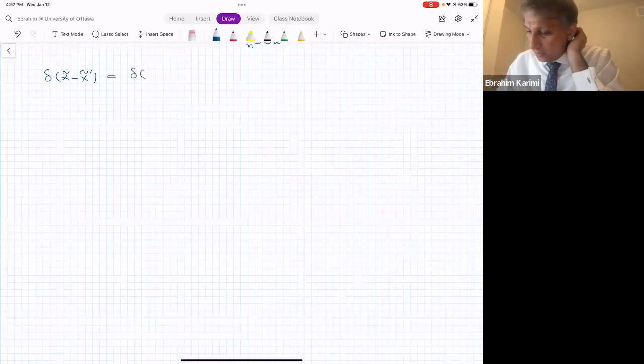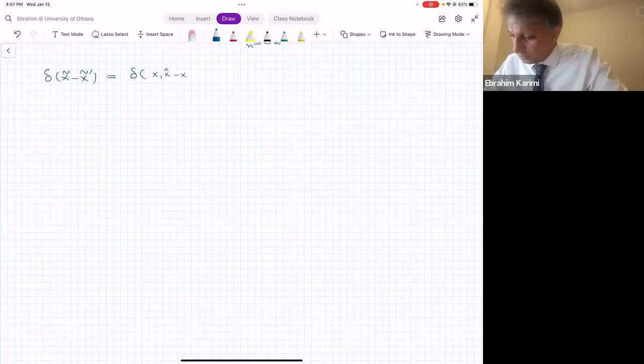That is a delta of x1 x hat minus x prime 1 x hat plus x2 y hat minus x prime 2 y hat plus x3 z hat minus x prime 3 z hat.